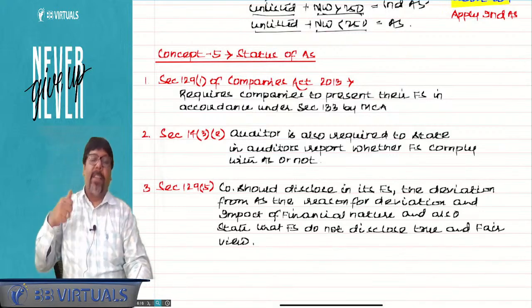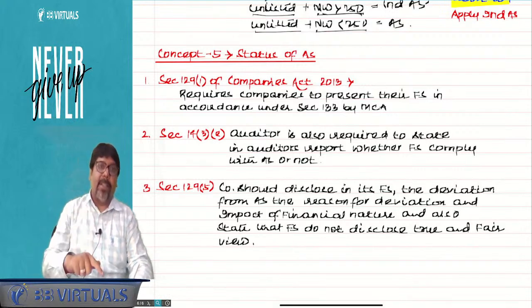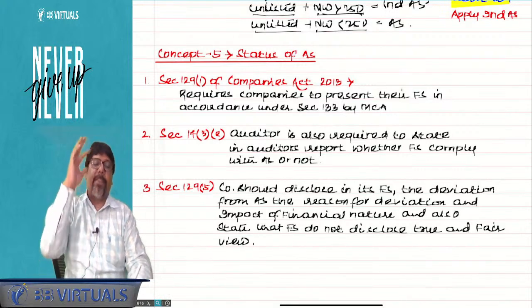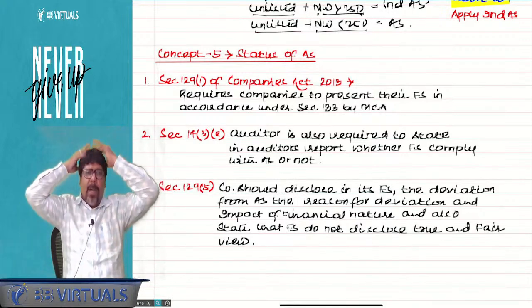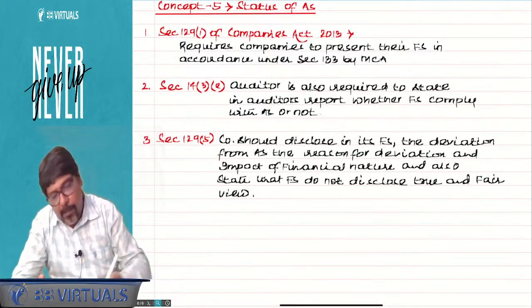Because they have deviated from the accounting standard, with the reason for deviation and the impact of deviation, therefore the financial statements are not true and fair. The auditor, this you have to tell. Am I clear? Yes or no?